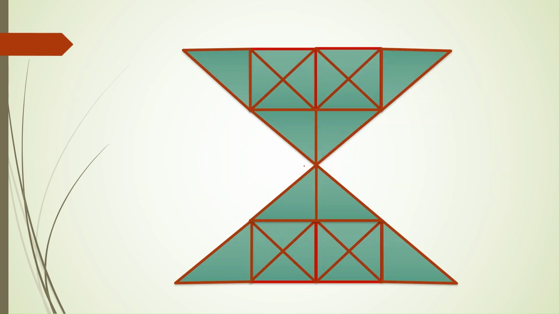In this figure, the upper part and lower part are identical, so we'll count for 1 and multiply that with 2. These two are square patterns, so 2 into 8, 16, and here these two are getting connected, so because of that we'll have two more triangles, this one and this one, those are two again. And in the lower part we have the triangle pattern that makes three triangles.